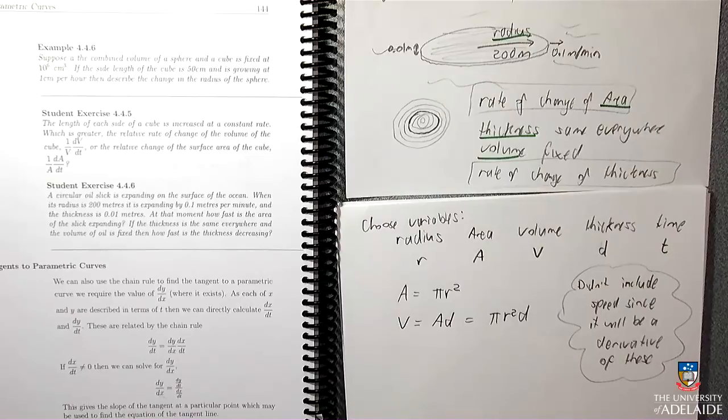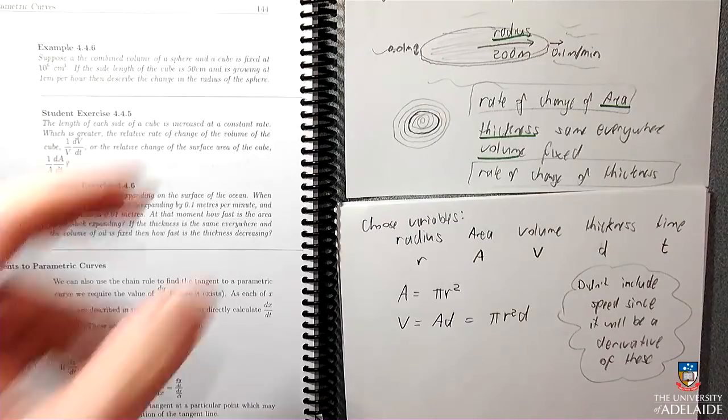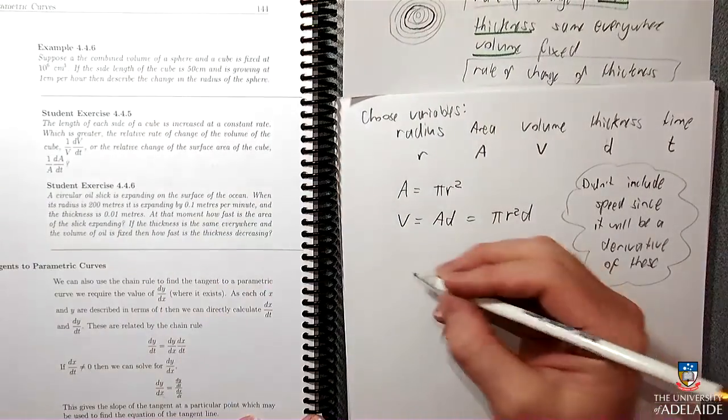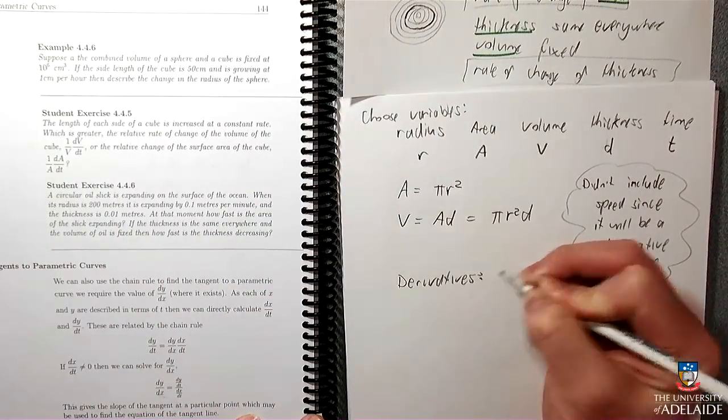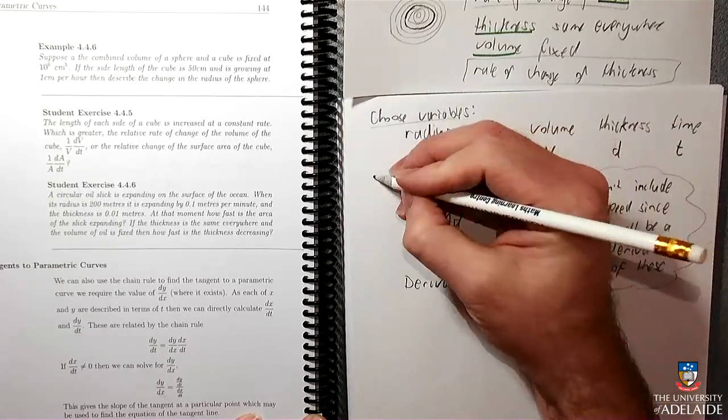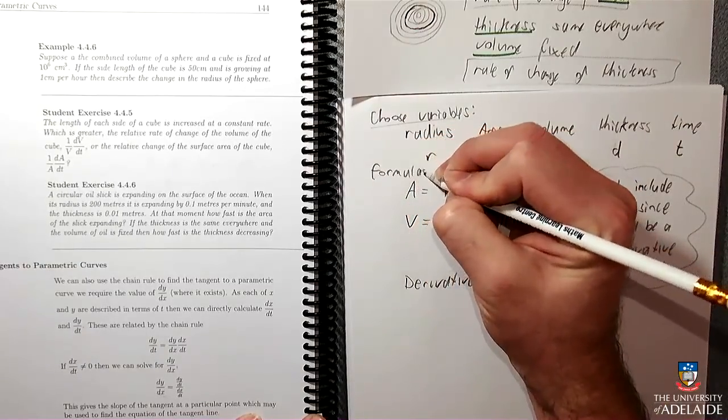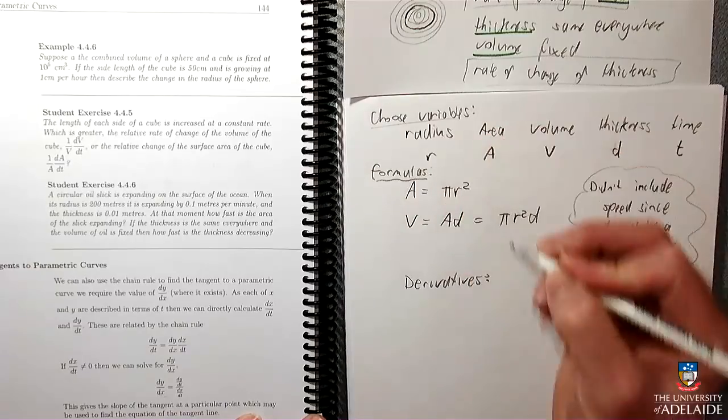Okay. So it seems to me that I could do derivatives now and see how the derivatives of everything is related to the derivatives of everything else, to see if that helps. So let's see. Formulas, derivatives.